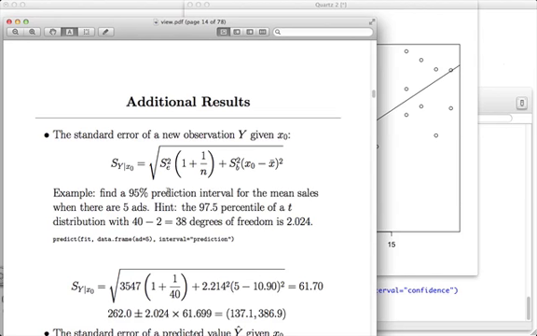Let's just take a look at what happens if we have a giant n. If you have a giant n of 1,000,000, say, well, 1 plus 1 over n is about 1, so this is S sub e. And then what happens here?